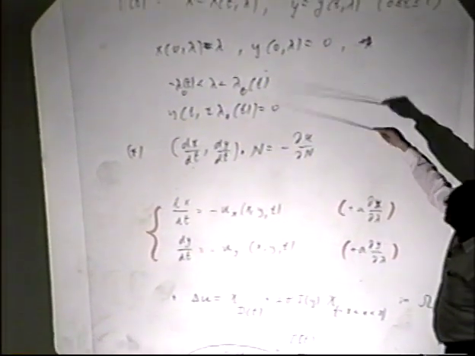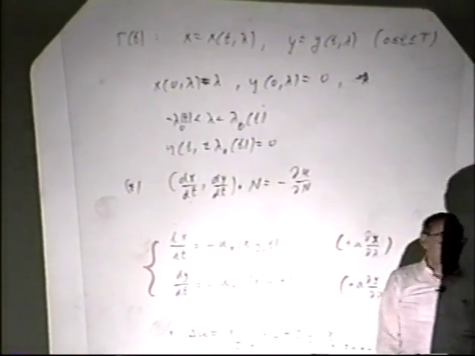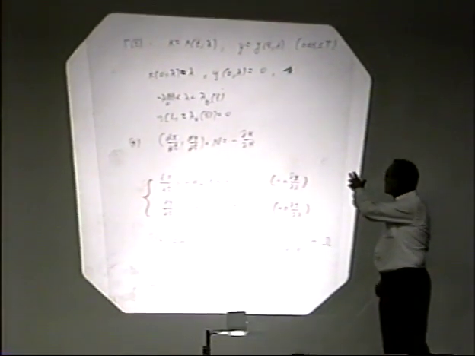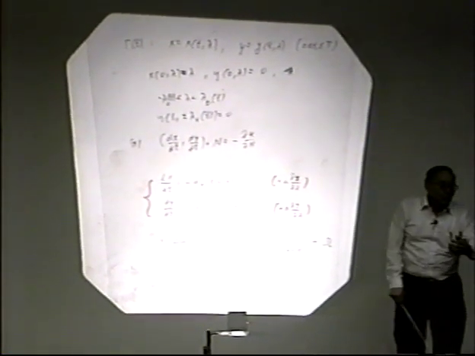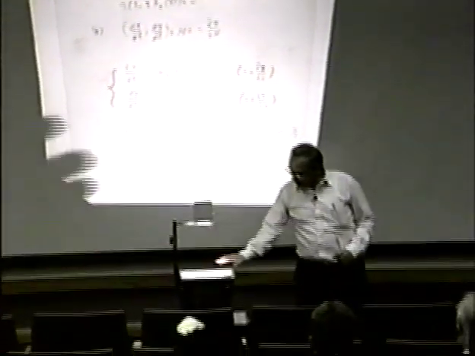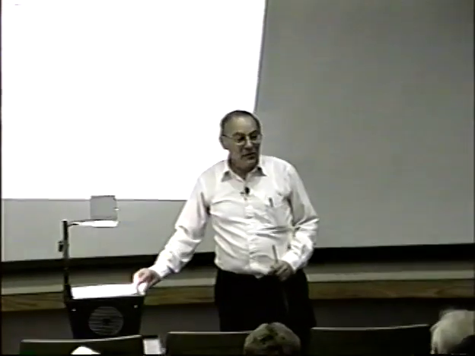And then we integrate. After we get dx/dt, we just integrate in t. We know the value initially. So from a family x of t, lambda, y of t, lambda, we get x tilde of t, lambda, y tilde of t, lambda. And we want to show that this mapping has a fixed point.